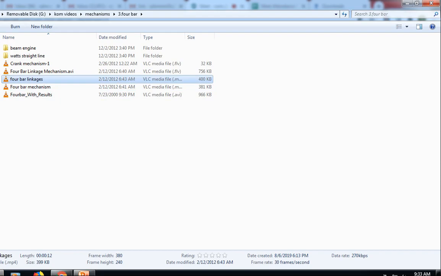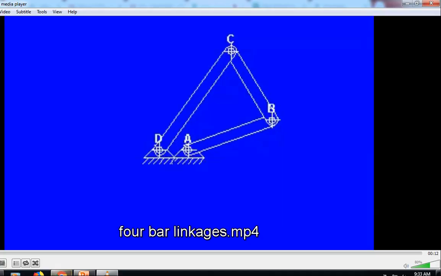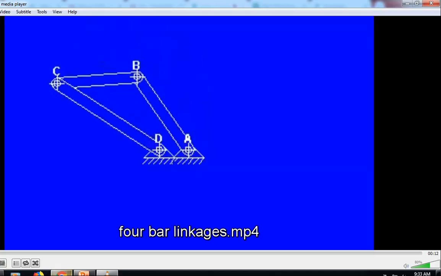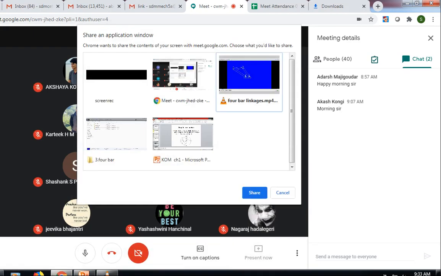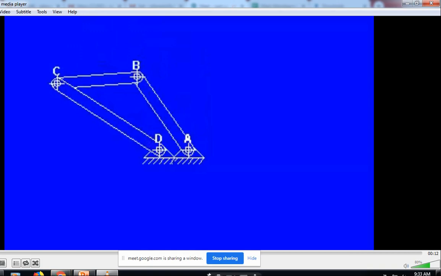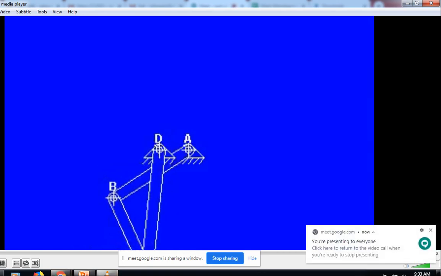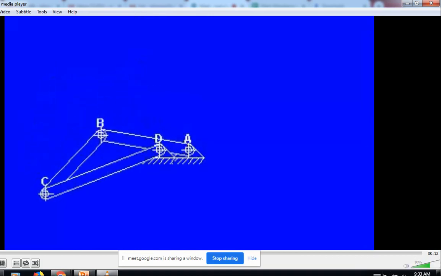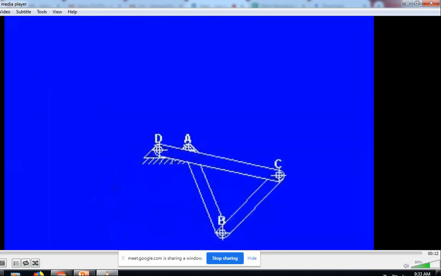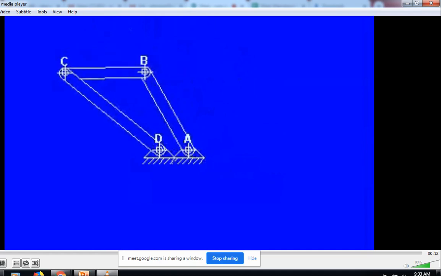So I'll play it once again so that you will understand more clearly. Can you see the video? Yes, sir. Okay, just see there. So you see the entire circular motion, the entire rotation of these links.